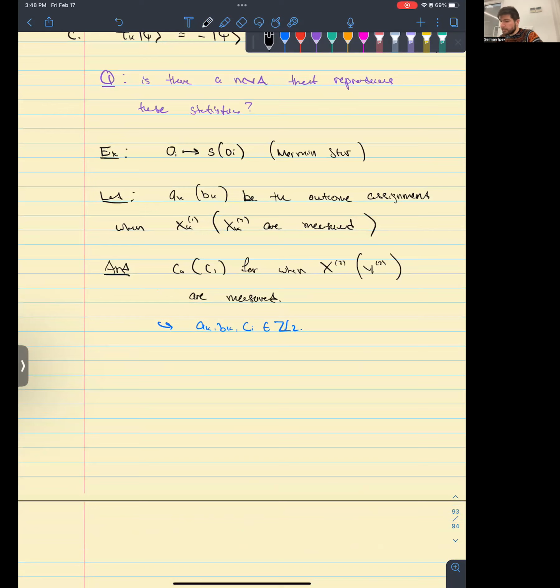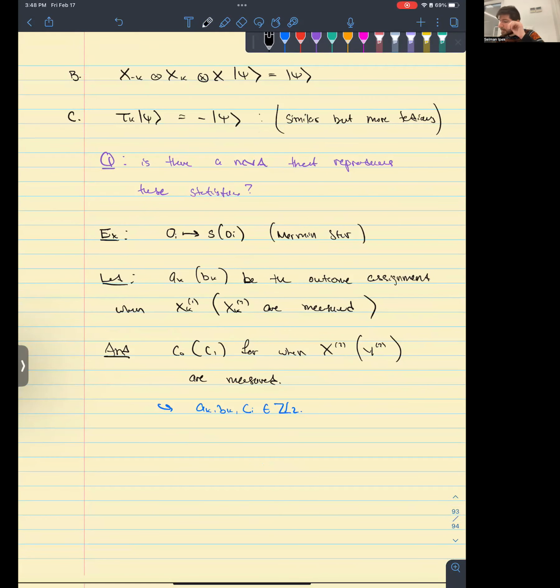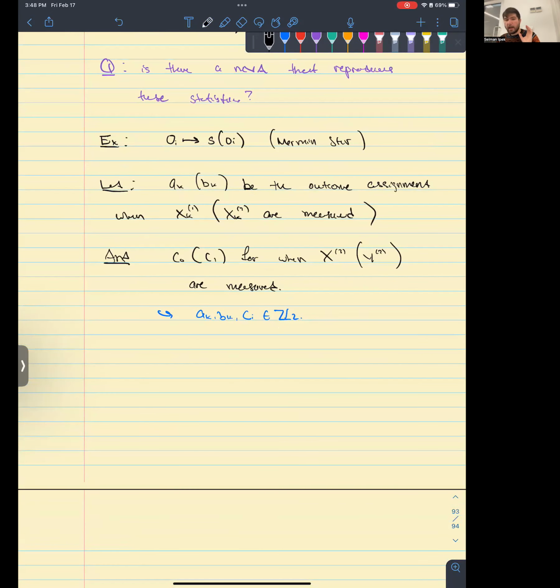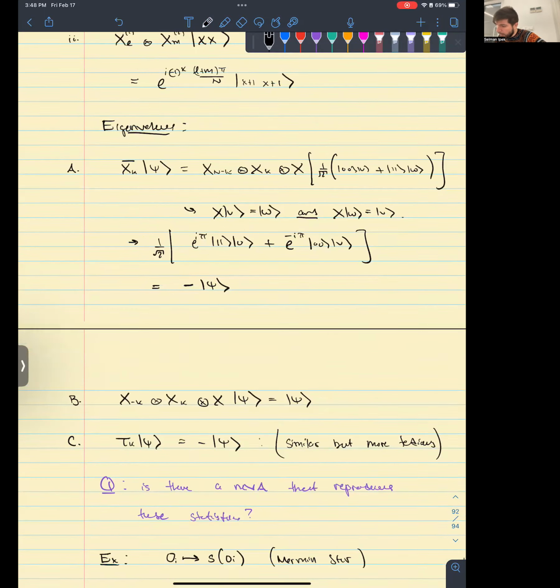So you're taking each of the observables, so basically the xk's acting on each of the first 2 qubits, or x or y acting on the third qubit, and you're going to give it some value. And you want it to reproduce these eigenvalue equations that I have here.